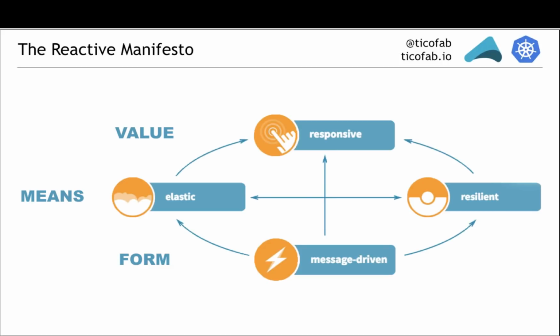What this manifesto tells us is that we strive to build elastic and resilient systems based on a message-driven architecture in order to guarantee our users a responsive experience at all times, even in case of failures or load spikes. And when I say users, of course, I don't only mean humans, but a user of our service could very well be another service, so user in general. In this talk, we'll mostly look at elasticity and resilience.